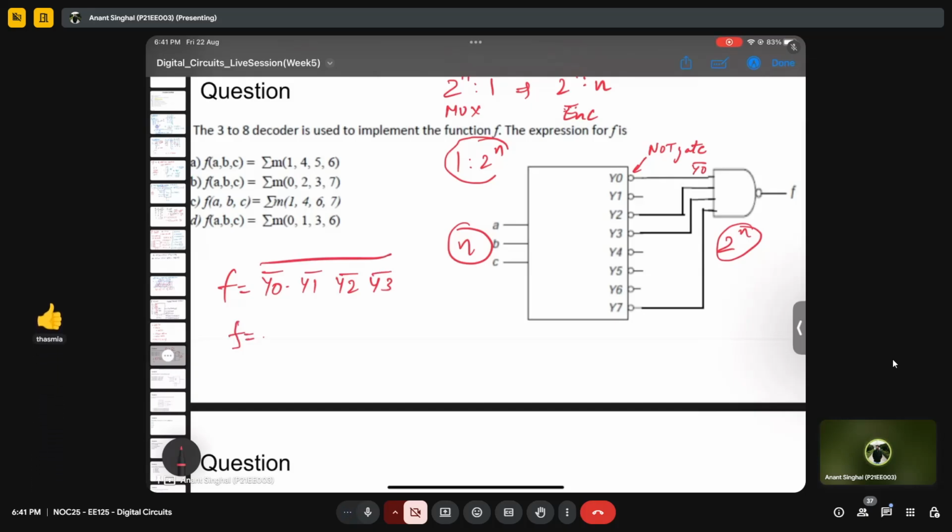So basically the function will be nothing but y naught plus y1 plus y2 plus y3, right? And y naught is 0. So I can write this as, oh sorry, it's not 0, it's 2, 3, 7 actually. 2, 3, 7.